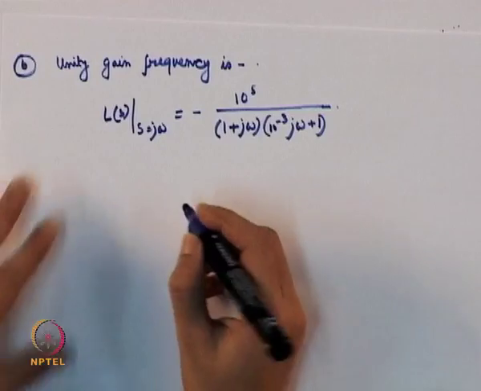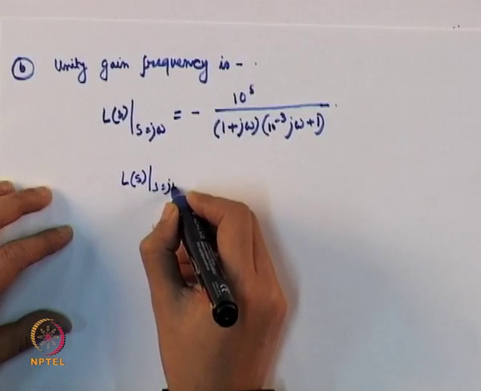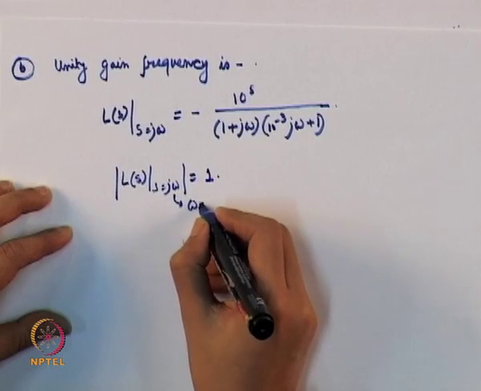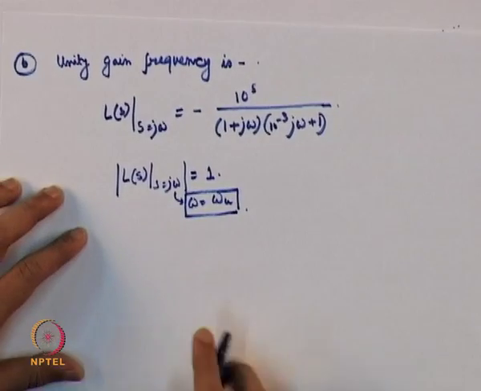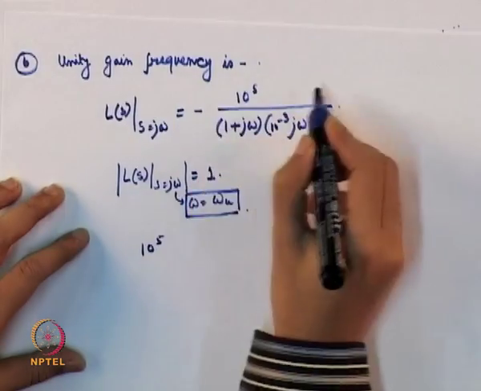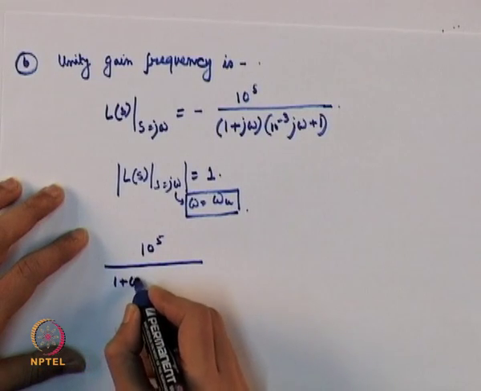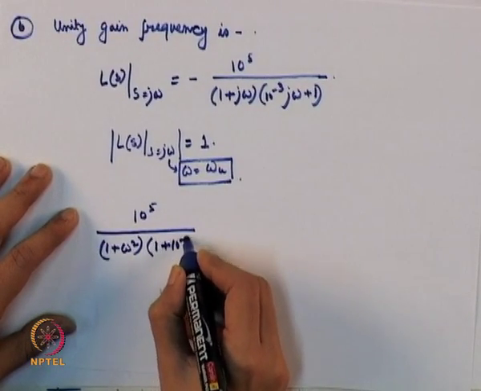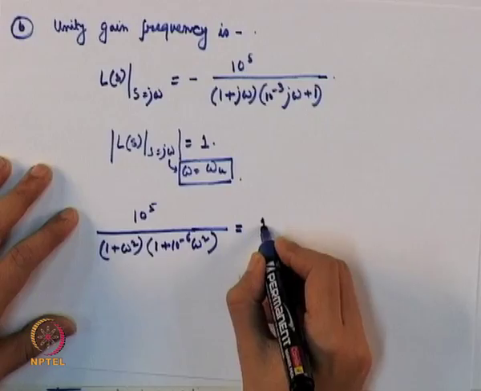Now, the mod of this value. The mod of Ls at s equal to j omega will be 1 at the frequency omega equal to omega u, that is the unity gain frequency. So, we have to take the magnitude of this portion. We take 10 to the power 5 and directly square it, so (1 plus omega square)(1 plus 10 to the power minus 6 omega square) is equal to 1.